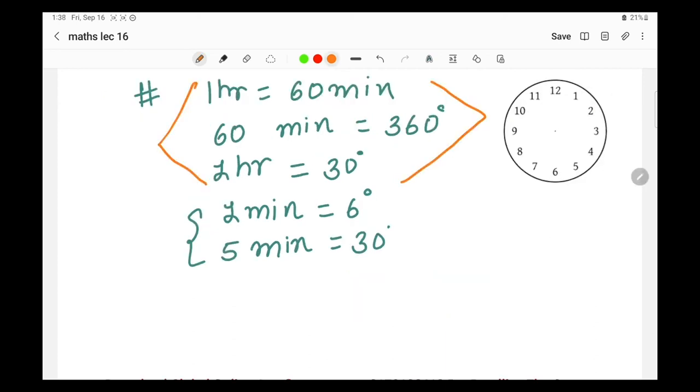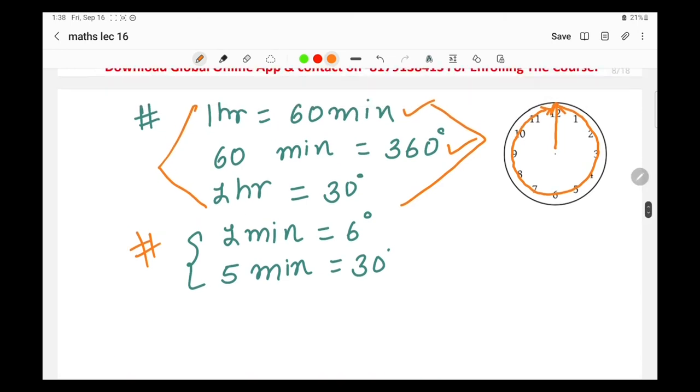For solving the questions, these things are very important. In 1 hour there are 60 minutes. In 60 minutes it covers 360 degrees, as we know. So the minute hand is moving completely from 12 to again 12. It is starting from 12 and ending at 12. So the minute hand is crossing how many degrees over here? 360 degrees.